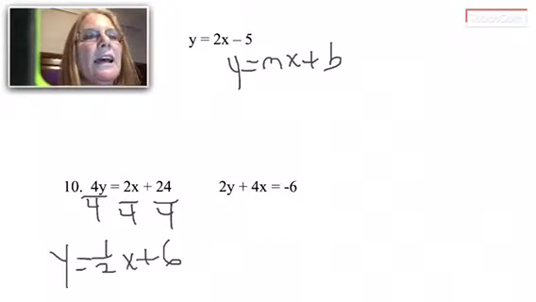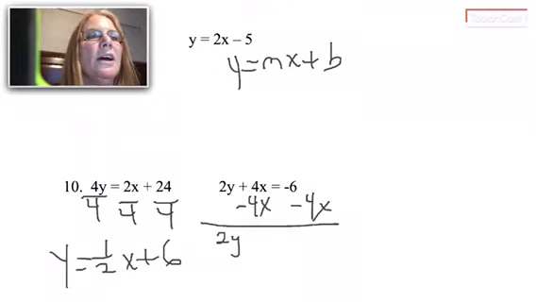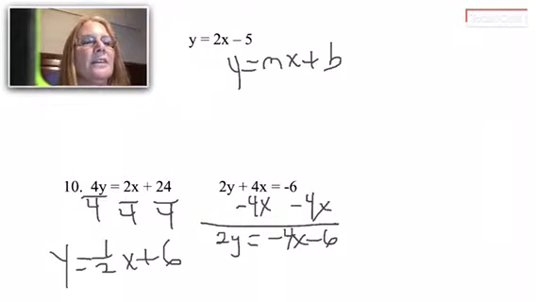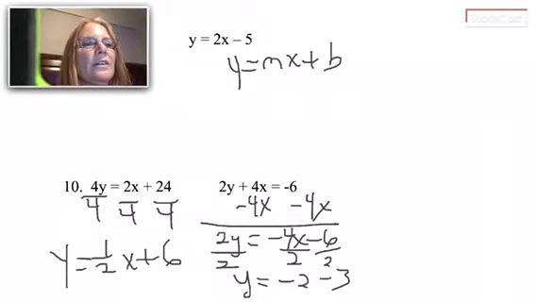In the second one now, let's see, this y is not by itself at all. We have this plus 4x, so we need to subtract that from both sides. And then we have 2y is equal to negative 4x minus 6. Okay, that looks better, but now we still need to divide everything by 2, and we get y is equal to negative 2x, I should say, minus 3.